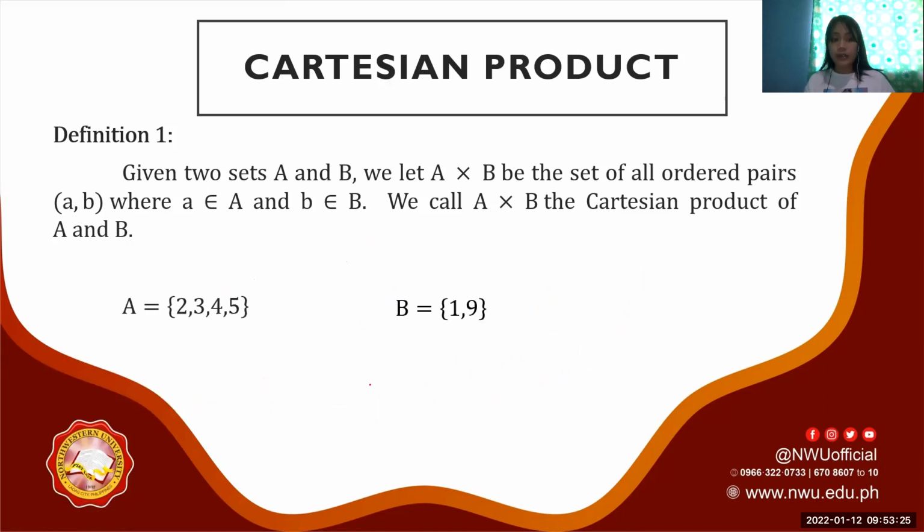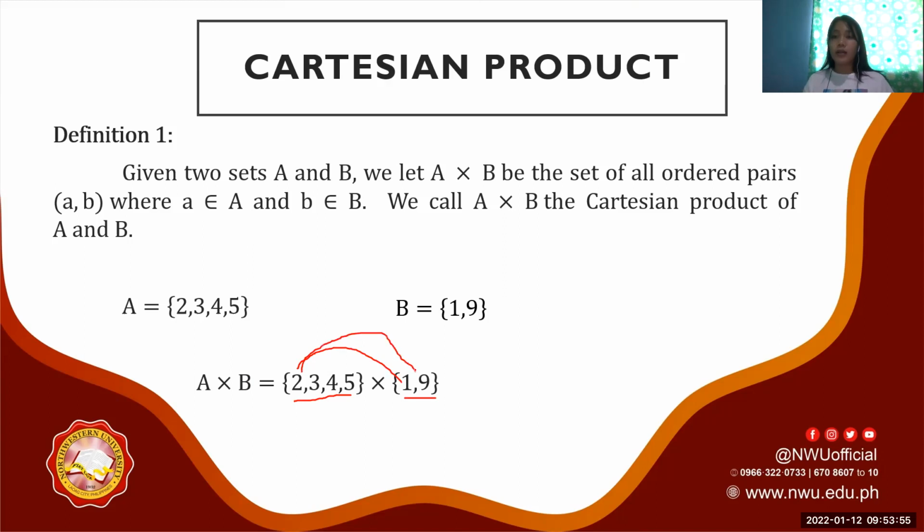Now, let's try to look at some example. So let's say this set here is A, which has elements 2, 3, 4, and 5. While yung second set natin is B, which has elements 1 and 9. If you're going to get the Cartesian product of A to B, what you're just going to do is map each of these to the elements of B. So ni 2, imap mo kay 1.